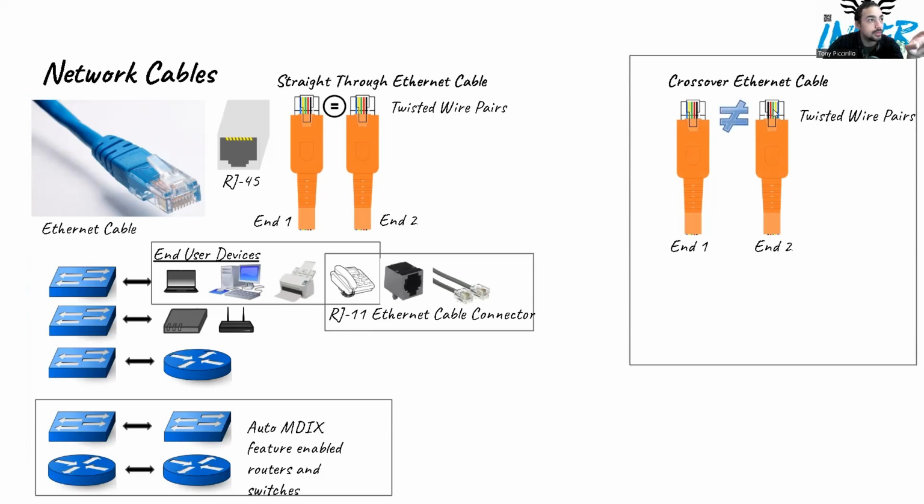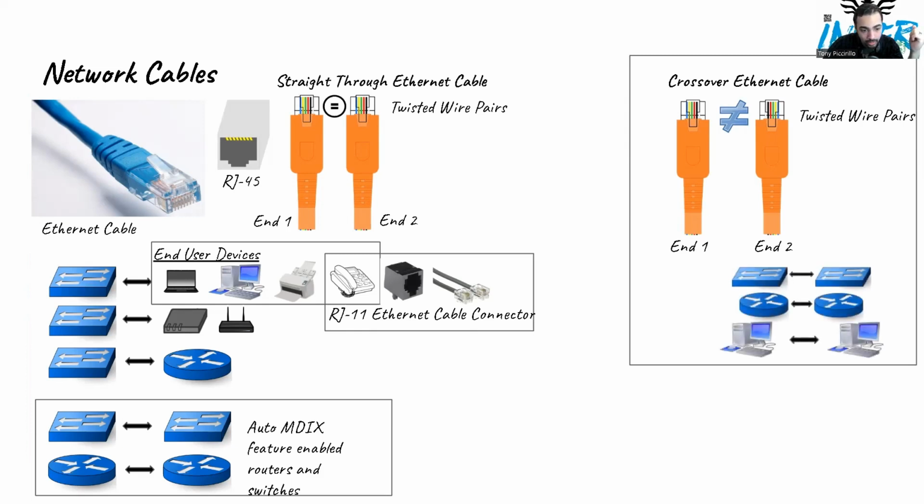They don't match. These type of Ethernet cables are called crossover Ethernet cables, as the wires are crossed over, not matching. So what can these crossover cables connect? Switches to switches, routers to routers, and computers to computers. Think of it as anything that is of the same type.